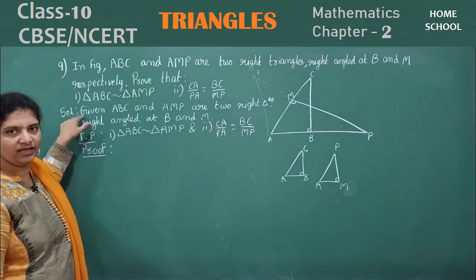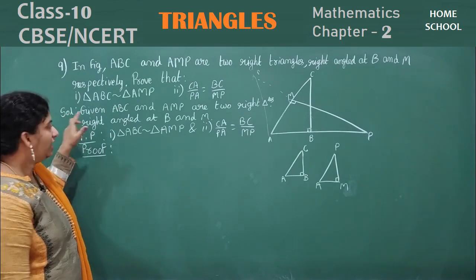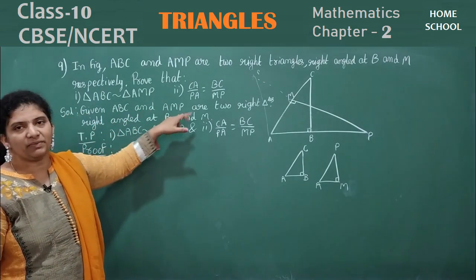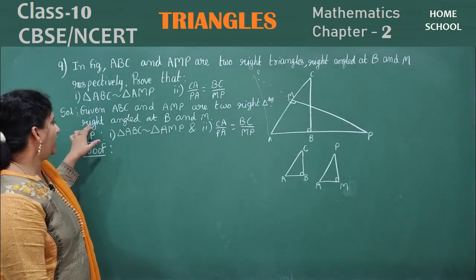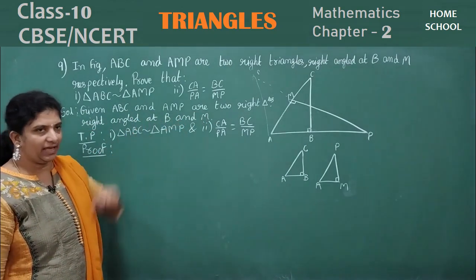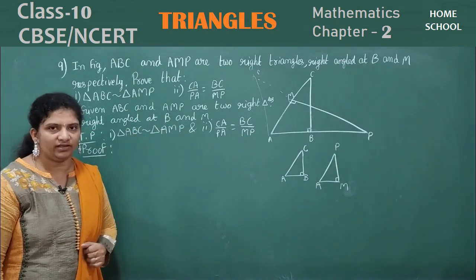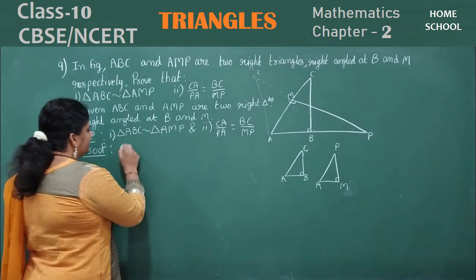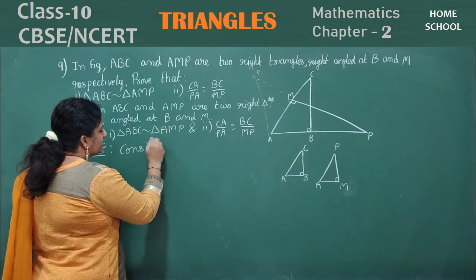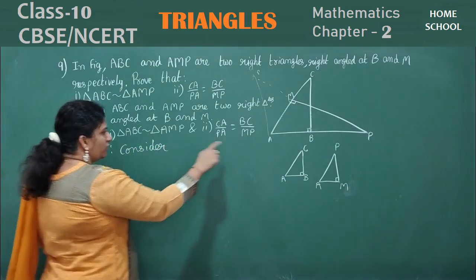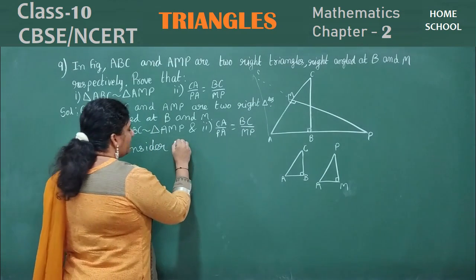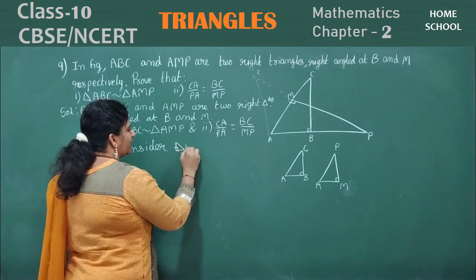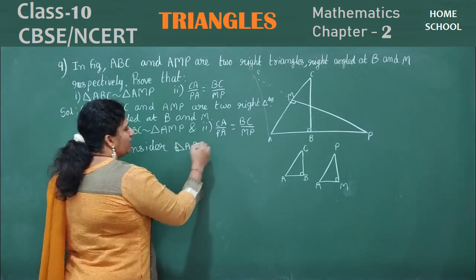Given data, children, here I have started the solution. Given data: ABC and AMP are two right triangles, right angled at B and M. What I need to prove, we have written here. So now how do we start our proof? Consider. What do we need to consider, children? These two triangles, right? Consider right triangle ABC.